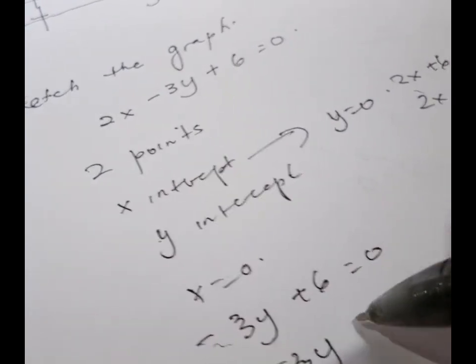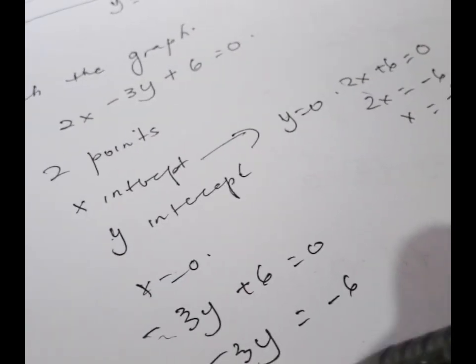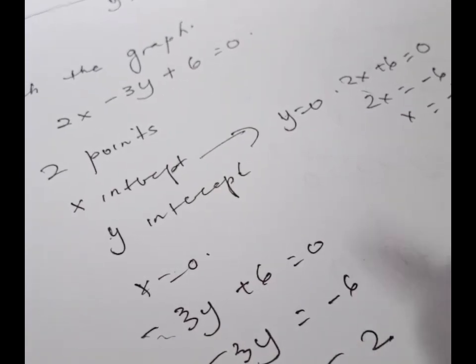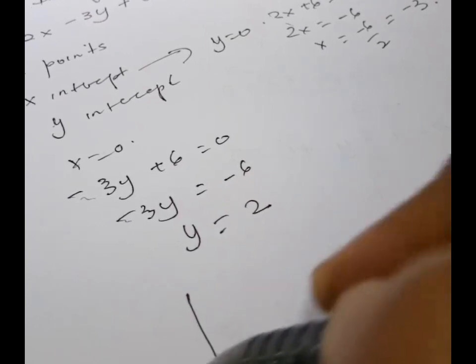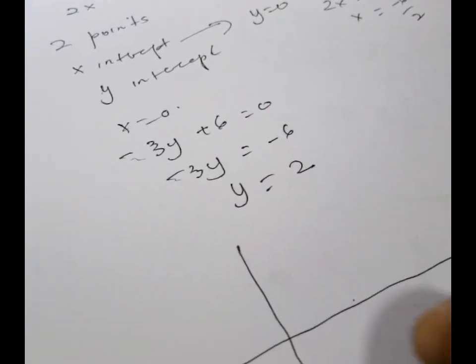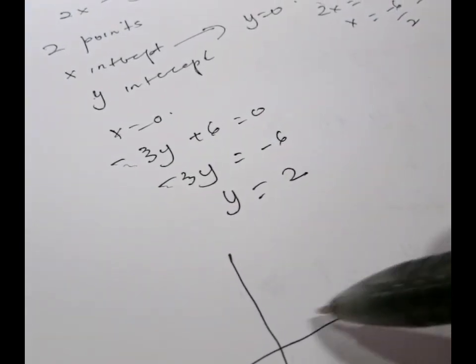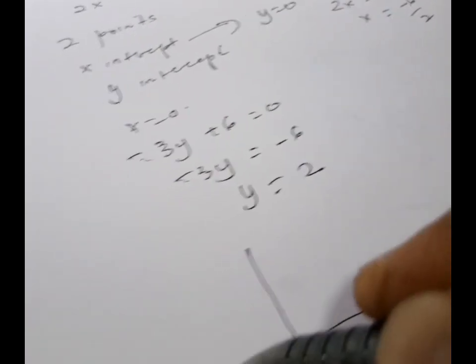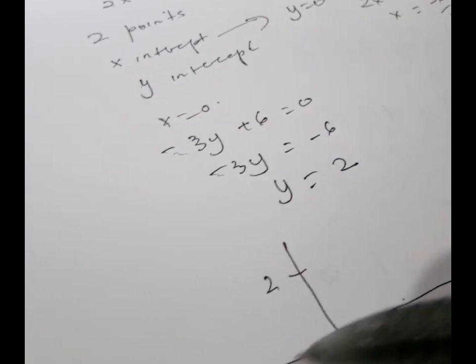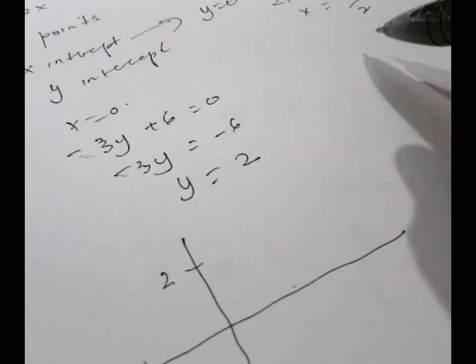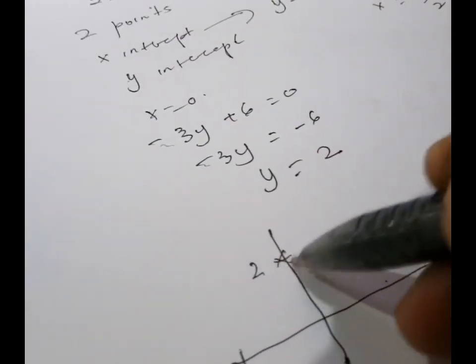So 2x equals minus 6, x is minus 6 over 2, which becomes minus 3. For the y-intercept, when x is 0, minus 3y plus 6 is 0. Minus 3y equals minus 6. y is 2.